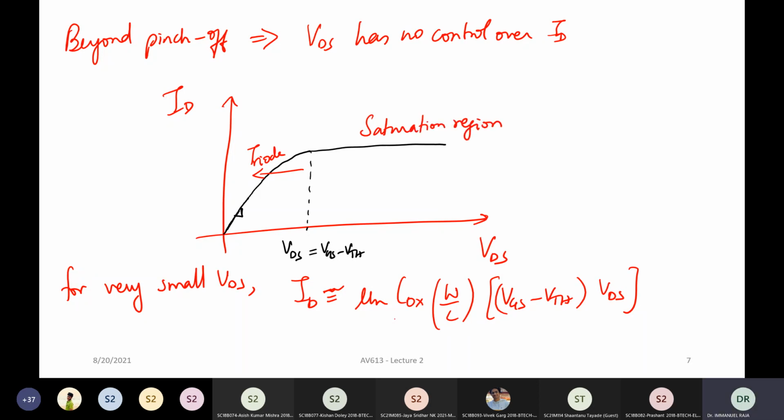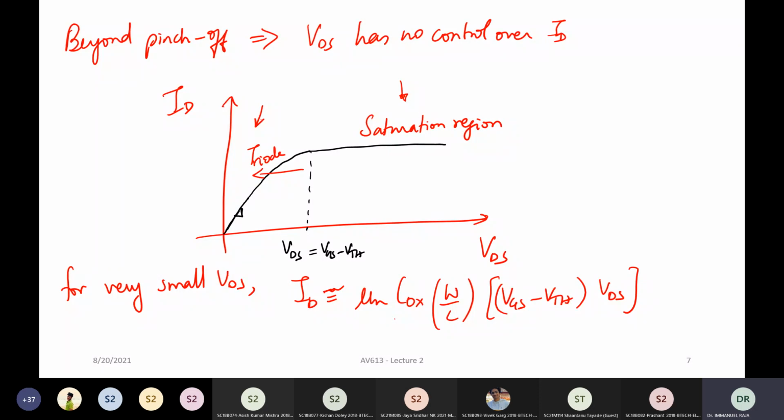Now, please do understand, if you are more familiar with BJTs, the term saturation region is used in this particular area for BJTs. That's because of the physical phenomenon which happens in the BJT, that you call this region the saturation region in BJT, and you call this the linear region or the active region in a BJT.